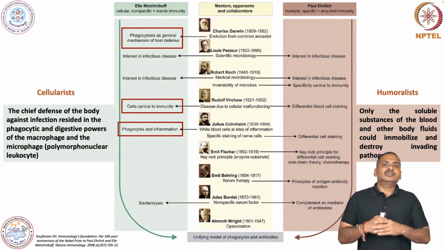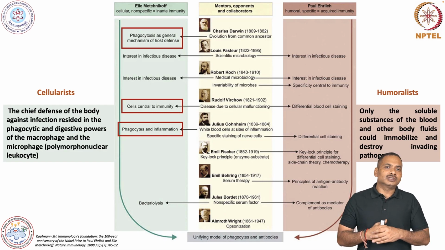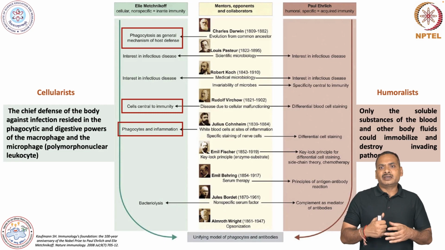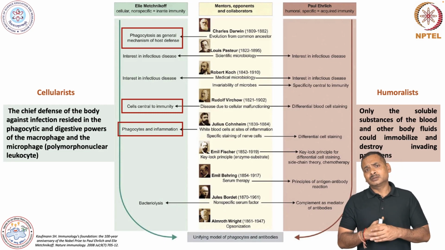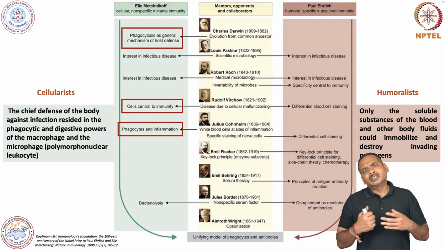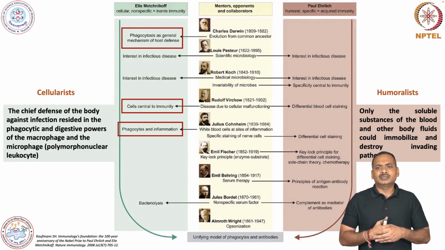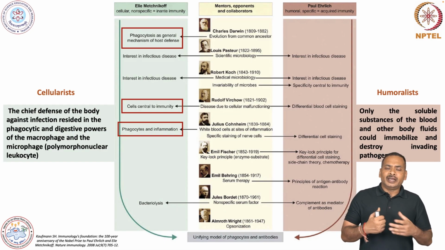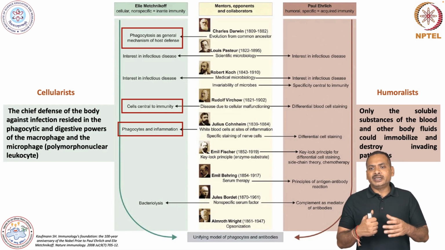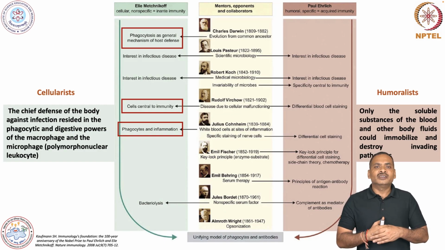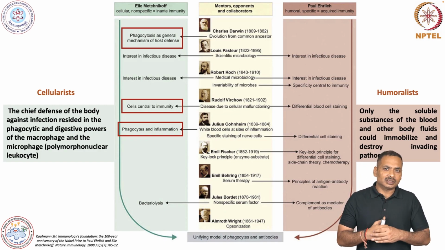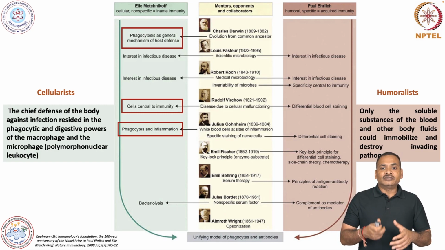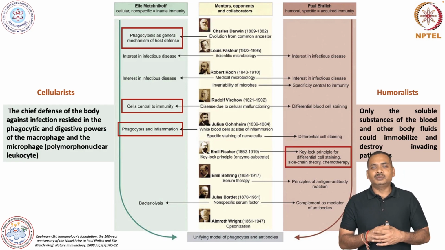This school of thought was initiated by Paul Ehrlich, who showed that there are some soluble substances present in the blood and other body fluids which destroy the invading pathogen. This was his concept, and there are several supporters of it.